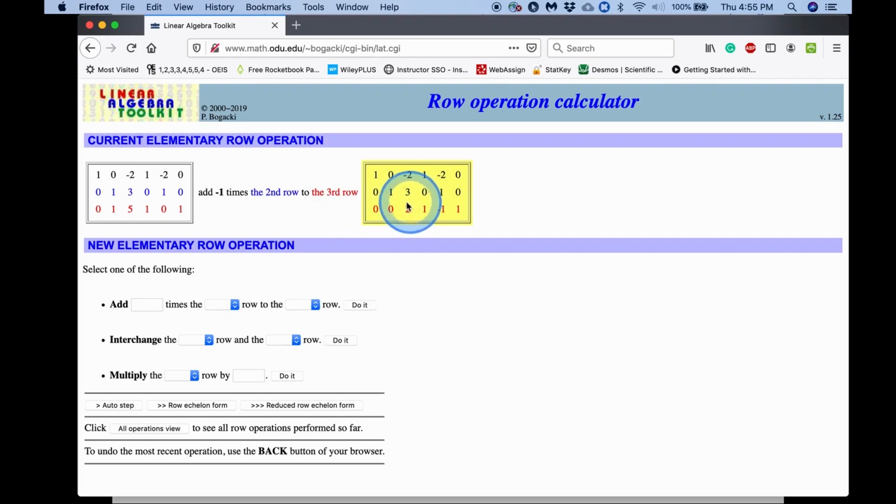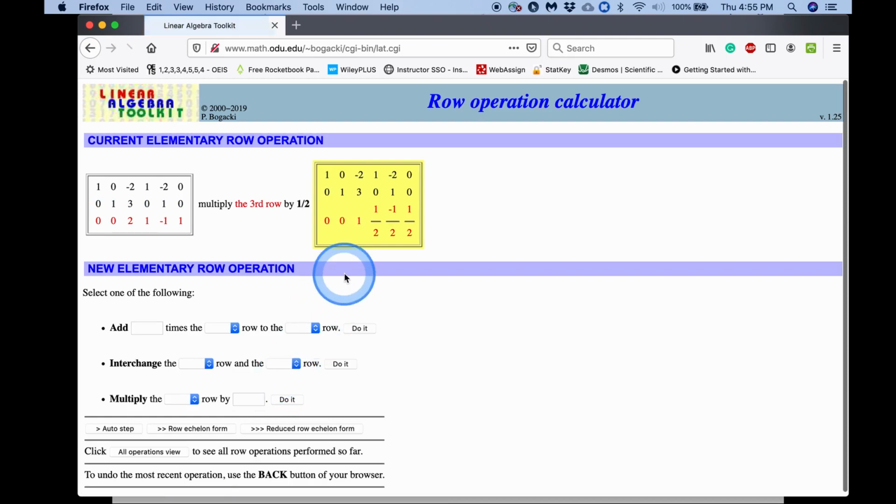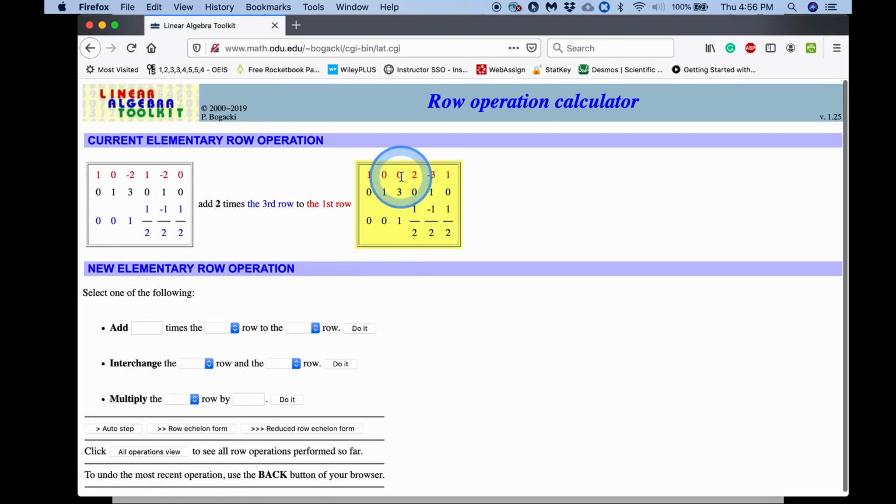Now I have to create a leading 1 in this position, so I'm going to have to scale that third row by 1/2. And now that I've created the leading 1 in that position, I'll have to eliminate the 3 and the -2 that sit above it. So I'm going to do 2 times the third row added on to the first row. That eliminates that position.